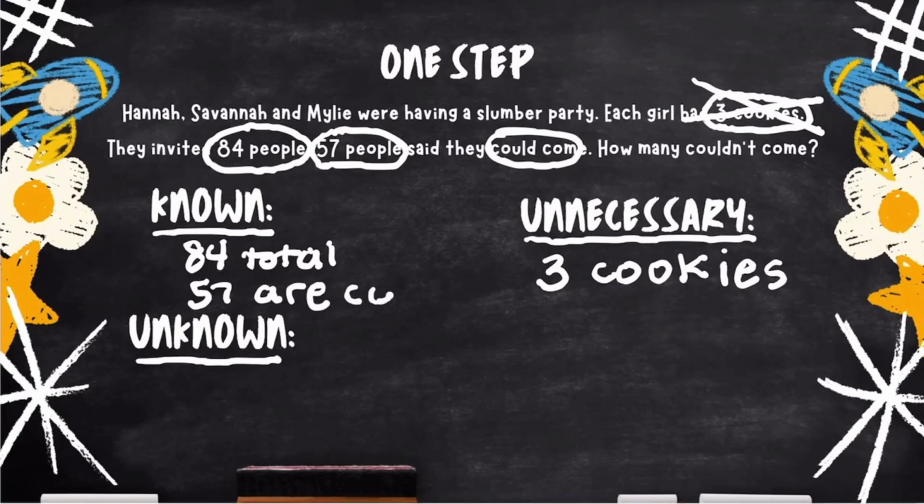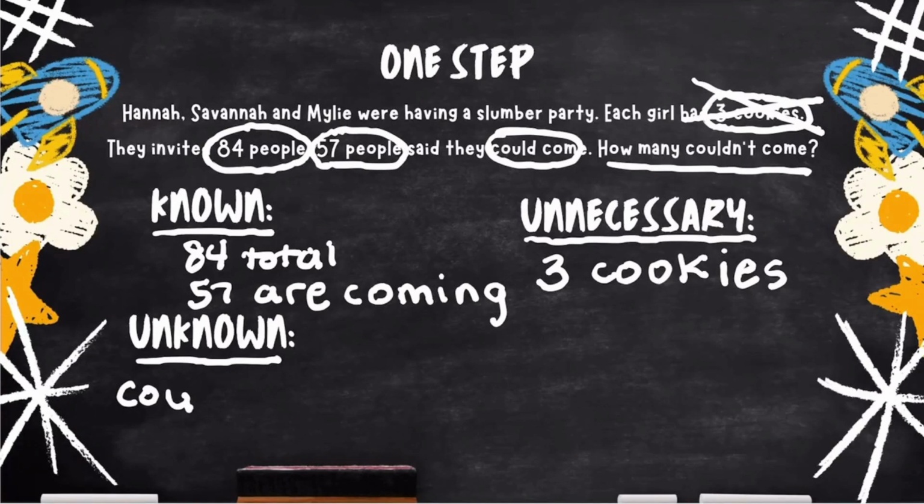And so then the only thing that's left is that we have to understand what is unknown. And the unknown is the question at the end. The question is how many people couldn't come. We're trying to figure out how many could not come.